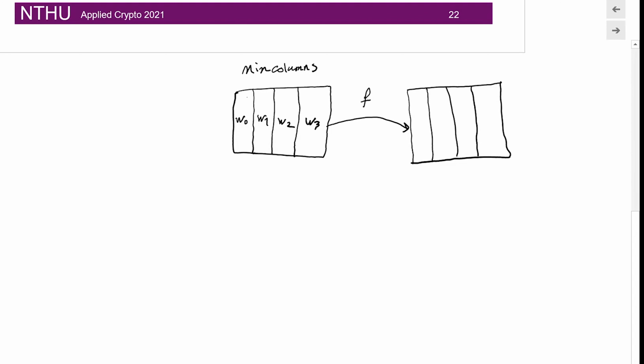So word 0, word 1, word 2, word 3, and I would replace them with the output of that f function, which is word 0 prime, word 1 prime, word 2 prime, and word 3 prime, right? So that's how I will change those values.